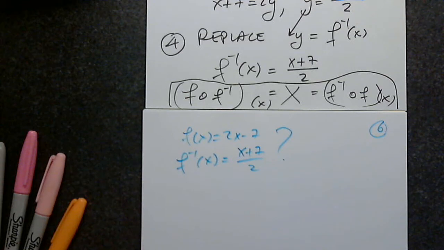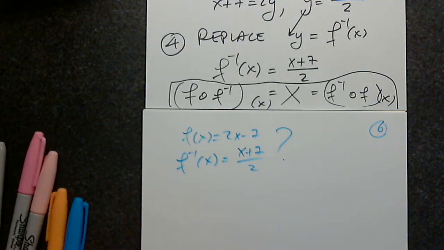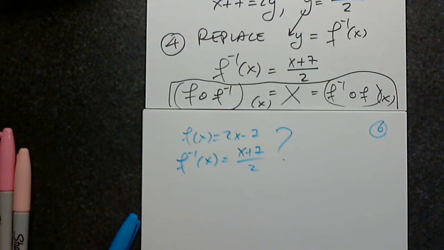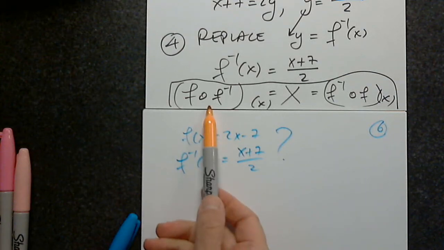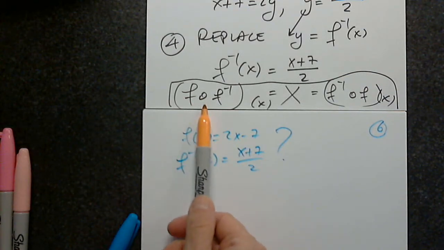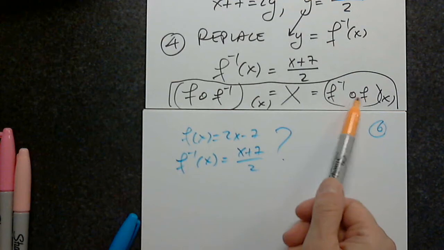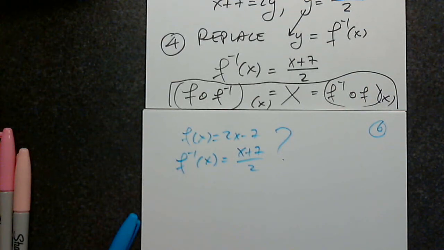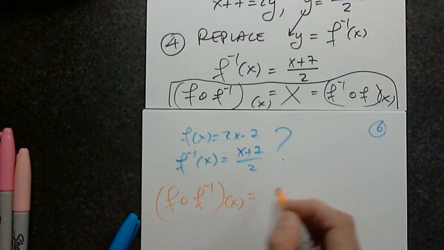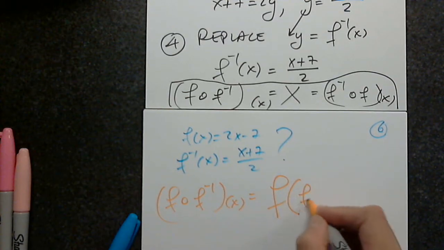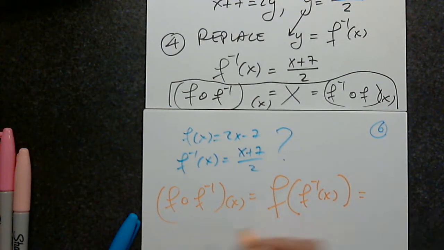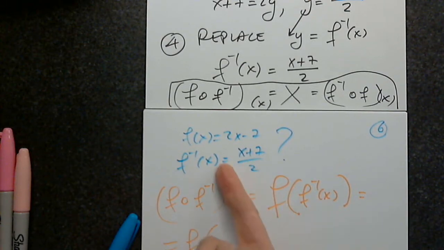What do I have to determine to convince you that they are inverses of each other? I have to find f of f inverse of x.